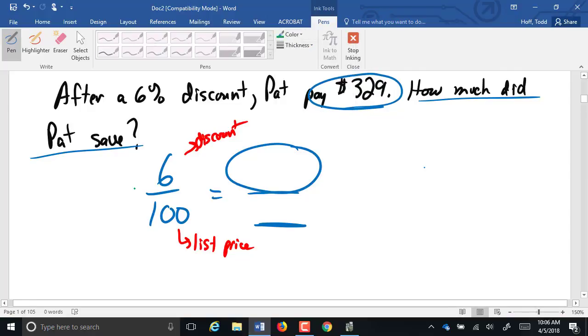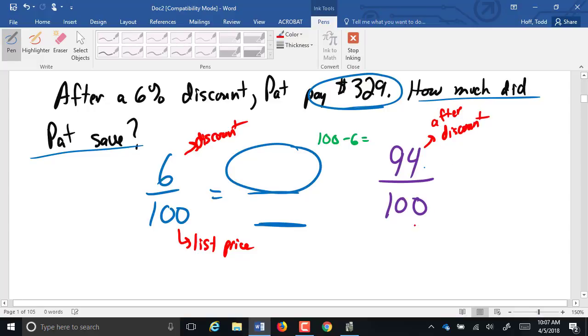But if we do the complement, if the discount is 6%, 100 minus 6 is 94%. 94 means the price after discount. 100 is still that full list price.